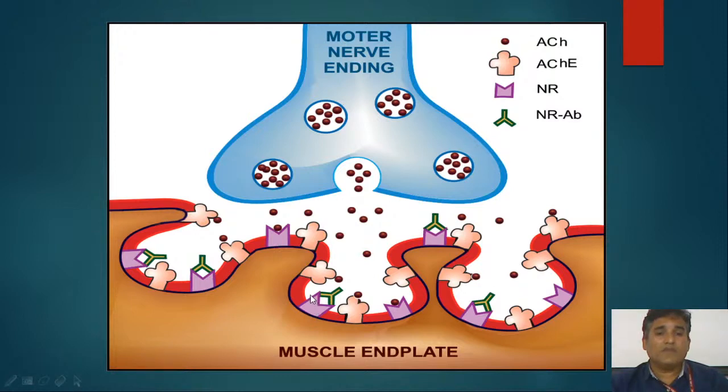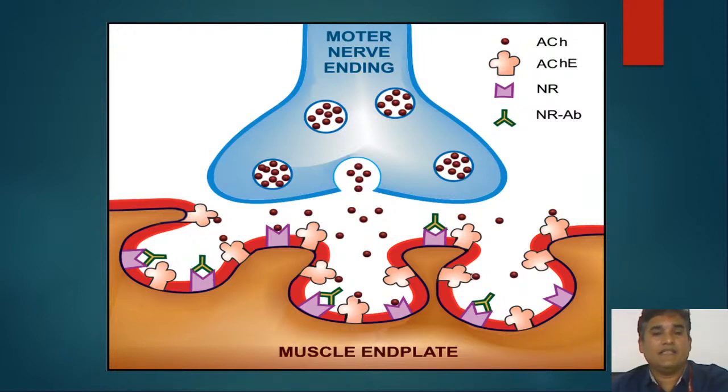In the presence of the antibody, about one-third of the receptors are bound by antibody, so acetylcholine is not able to interact with the receptor and exert its effect. That's the basic problem of the myasthenia gravis patient.